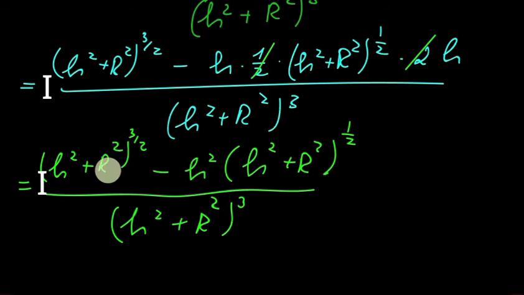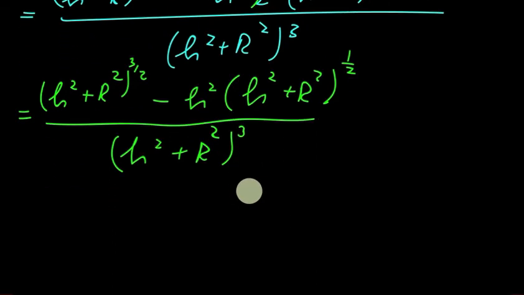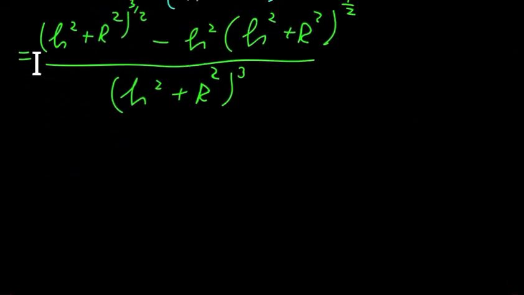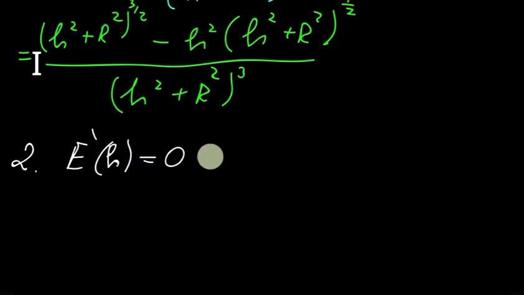Now, once we calculated our derivative, we need to find out when all this very complicated looking thing is equal to 0. So step 2, finding when E prime of h is equal to 0. It is equal to 0 when our numerator is equal to 0.